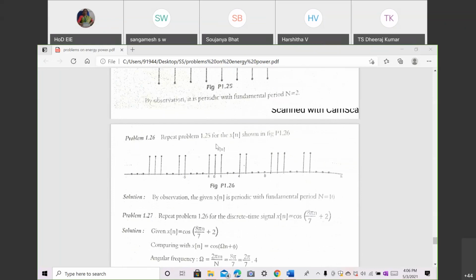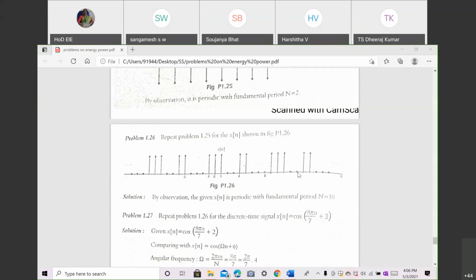Then another one where we have to find the periodicity. By observation, the given signal is periodic with fundamental period N equal to 10. You have to see 0 to 10. At -1, 0, 1 there is magnitude, then at 2, 3 no magnitude, 4, 5 magnitude, then 6, 7, 8 no magnitude. Then once again it repeats from 9, 10, 11.